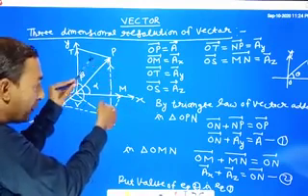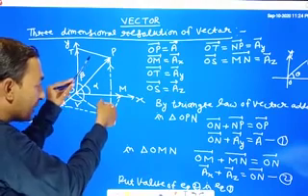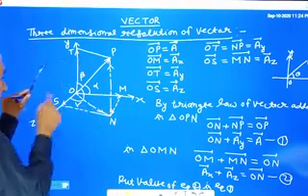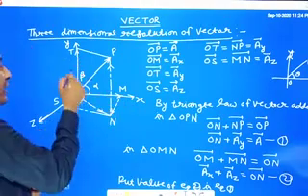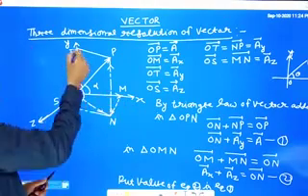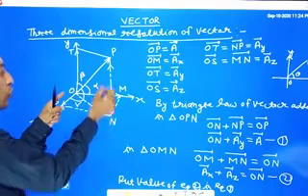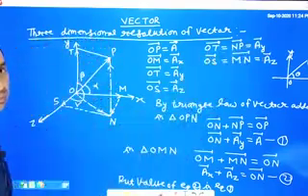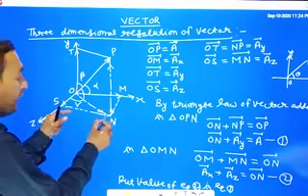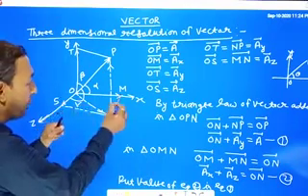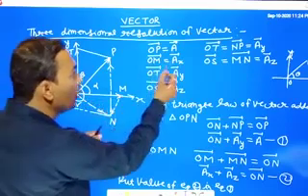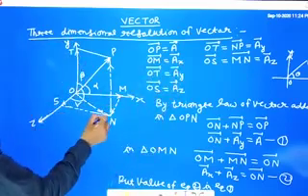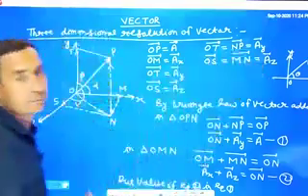Then we draw perpendiculars from N to the x-axis and z-axis. The component on the y-axis is OT, and OT is equal to NP. So OT and NP are Ay, and OM is equal to Ax, and OS or MN is equal to Az.